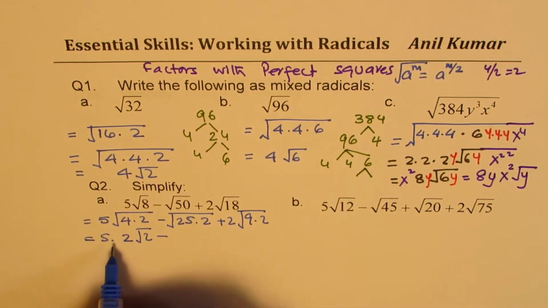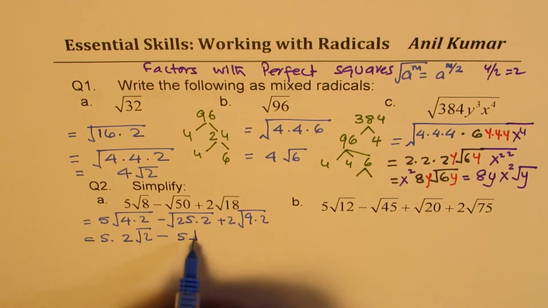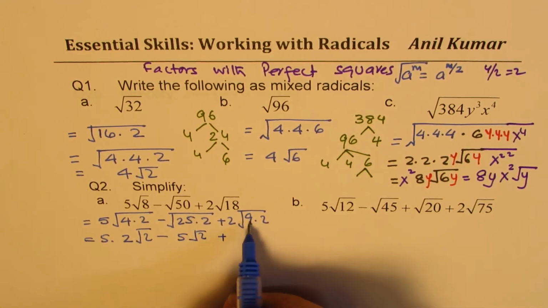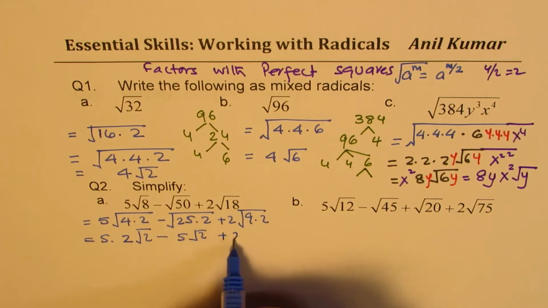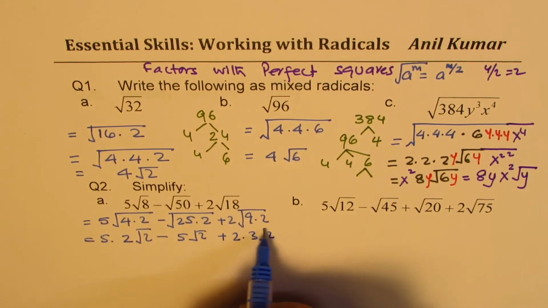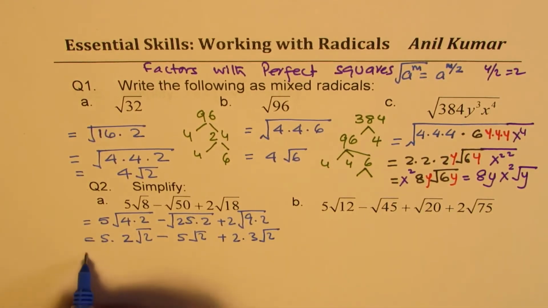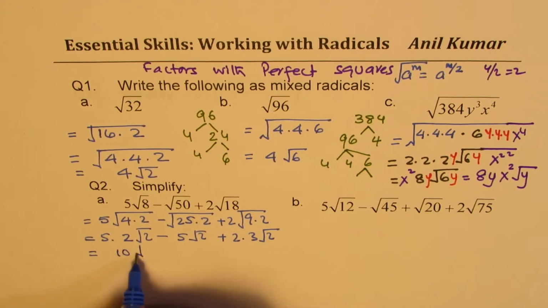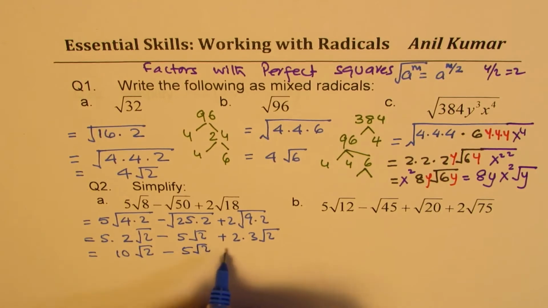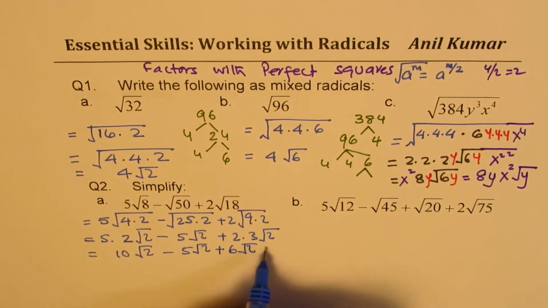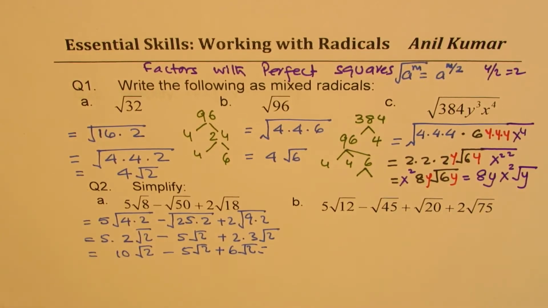So that is what. Now this dot means multiplication, correct? So this is 5 square root 2 plus this is 3, right? 3 square. So it is 2 times 3 within square root 2. Now this dot is multiplication. What I'm trying to say here, this is square root of 2 with 10, right? So it is 5 square root of 2, and here is 6 square root of 2. Now all these are square root terms.